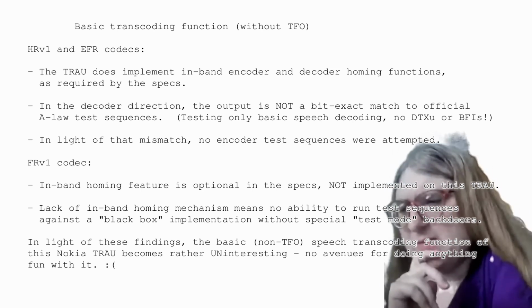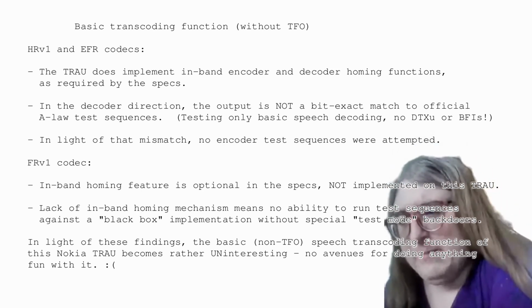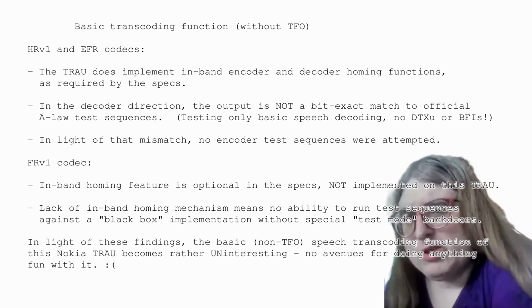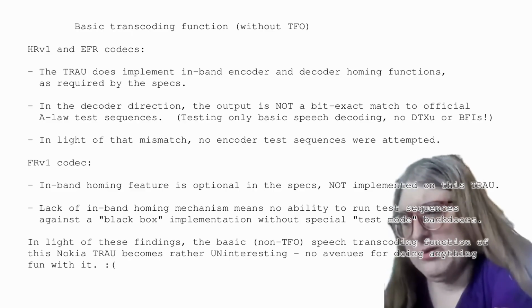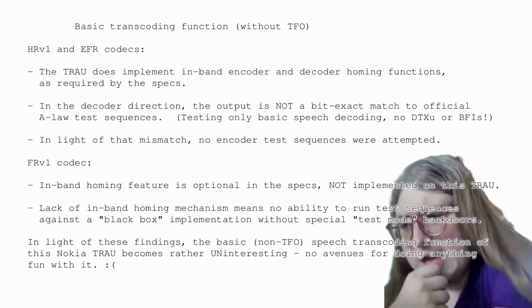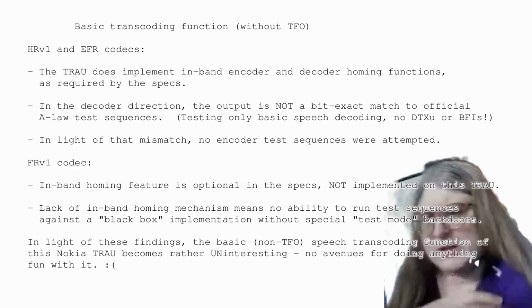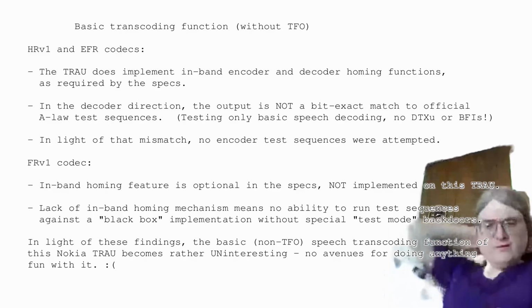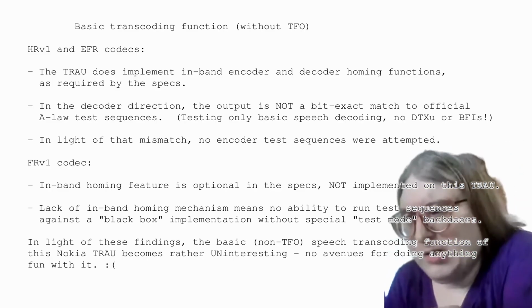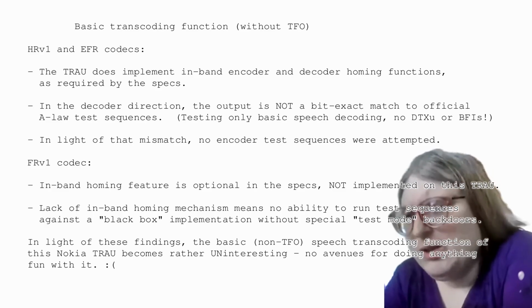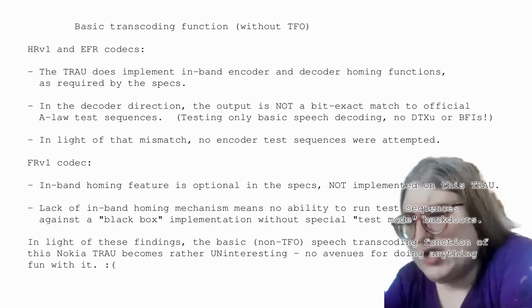What I was hoping to do, which unfortunately is impossible, was to play with feeding different inputs on the uplink to the TRAU and see what it puts out. But because you're running the complete speech decoder here, followed by conversion to A-law or mu-law, the only thing that can practically be done is a match or no match.